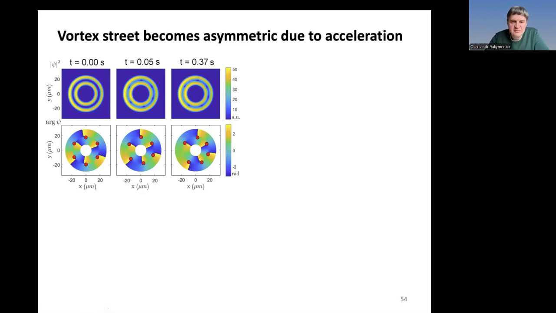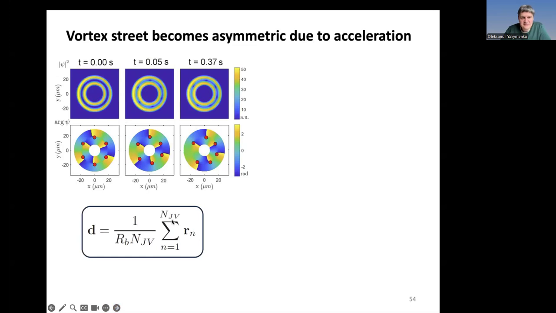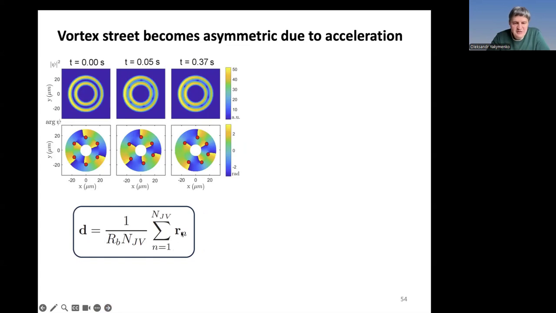They change position, and you calculate the total shift, like the center of mass of these point-like objects, using a very simple formula like this. This is an asymmetry parameter, related to the position of the vortices. If it's zero, then we have no deformation of this lattice.